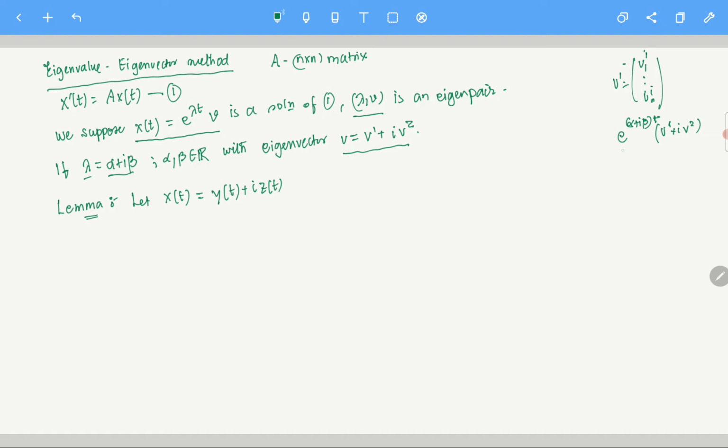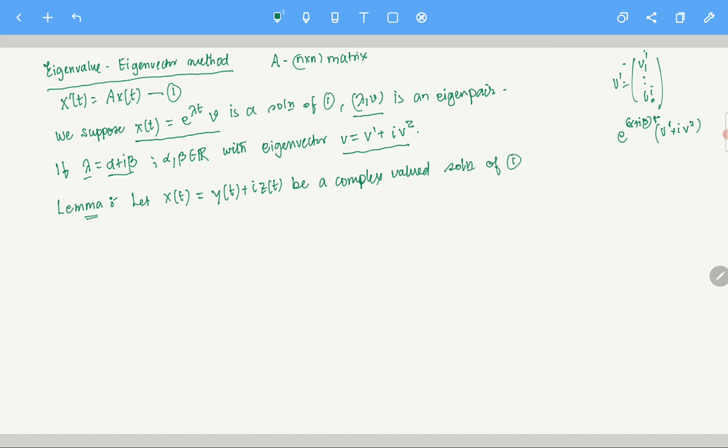Now you can just break it up into real and imaginary parts, and you can write it as y(t) plus i z(t). Let that be a complex valued solution of (1).